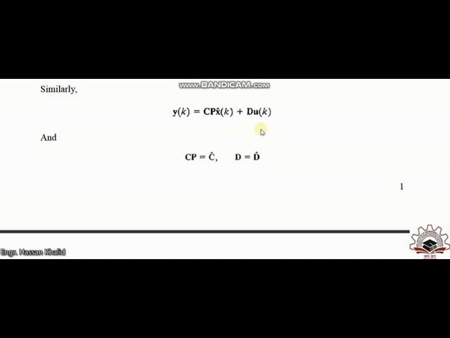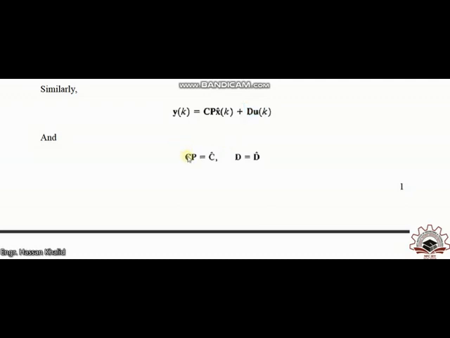Similarly, we can also transform the output of the given system into the transformed form of the output that will be equivalent to the output equation of the previous model. Applying the same rules, we place our transformed state vector in place of x.